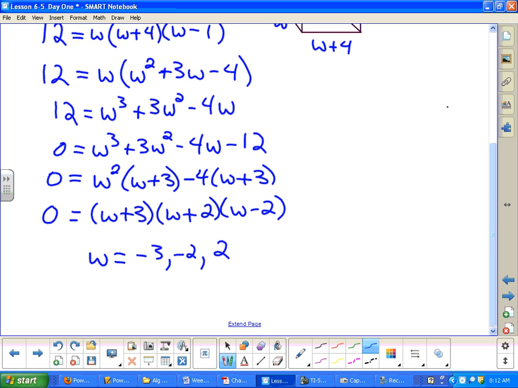Are all those answers possible for the width of this box? All right. Can't have a negative width, so the width then would be 2 inches.